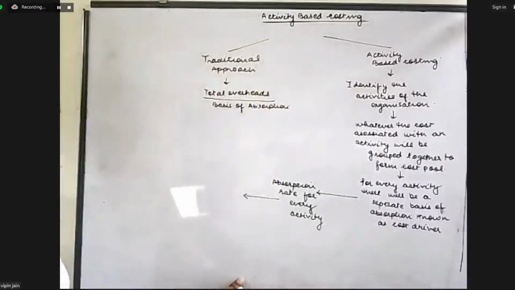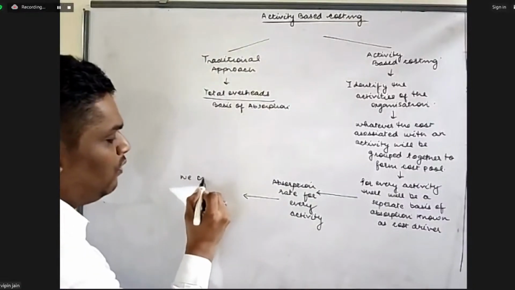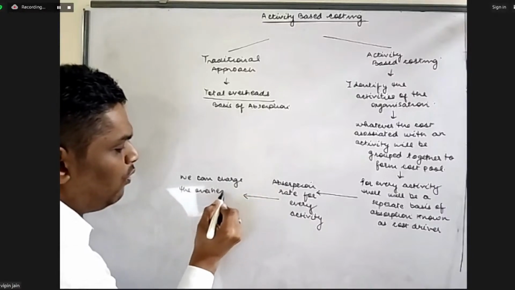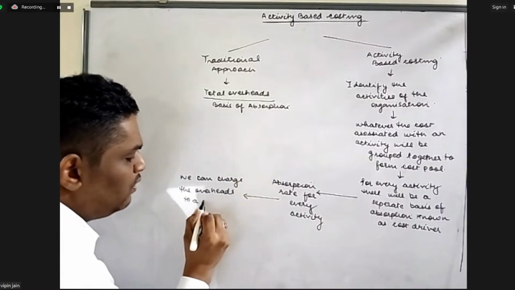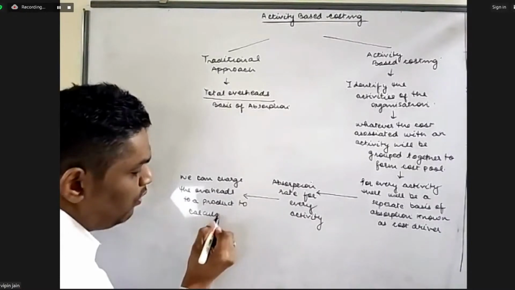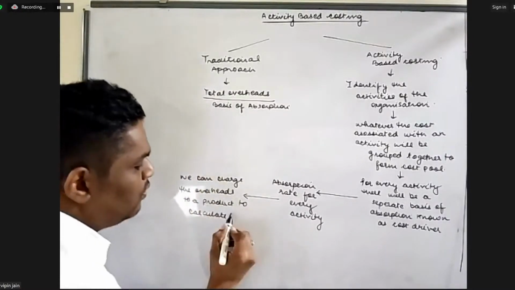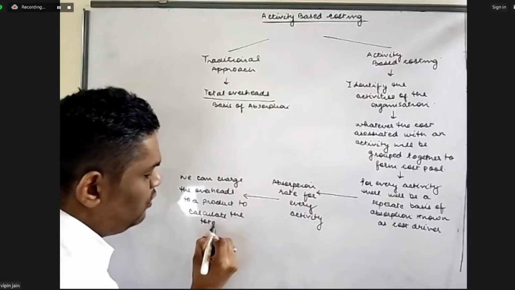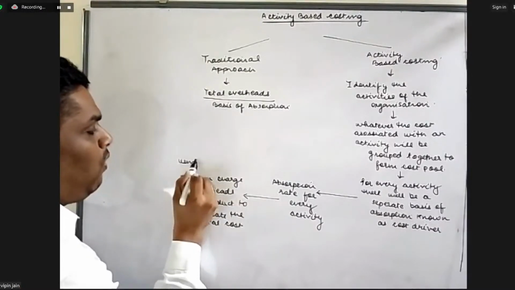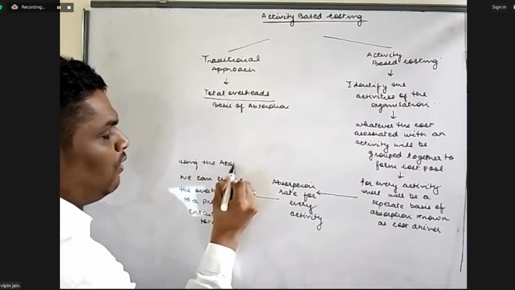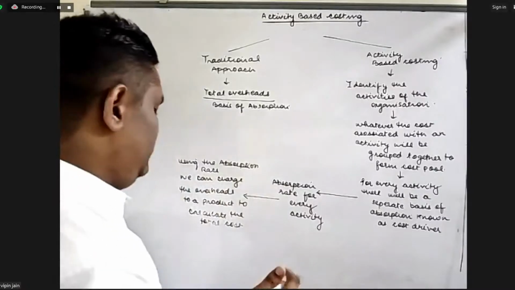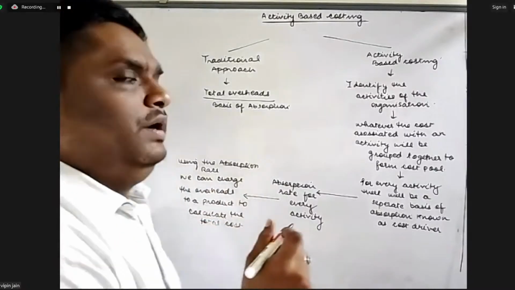So once the absorption rate is calculated, we can charge the overheads to a product to calculate the total cost using the absorption rate.